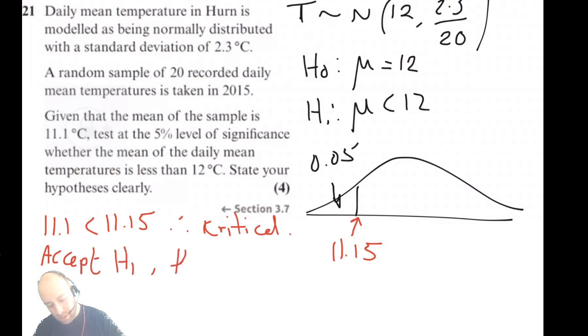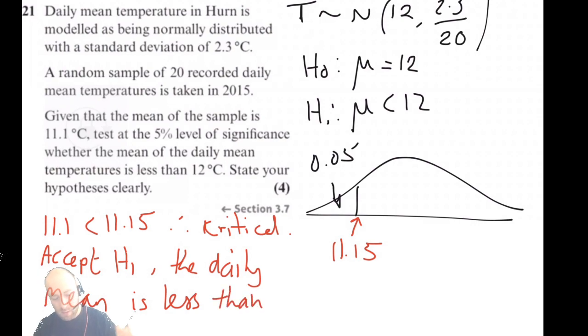The daily mean is less than 12. Cool. All right, everyone okay with that? These should be becoming pretty straightforward now. We've done a fair few of these questions. Right, on to the next one.